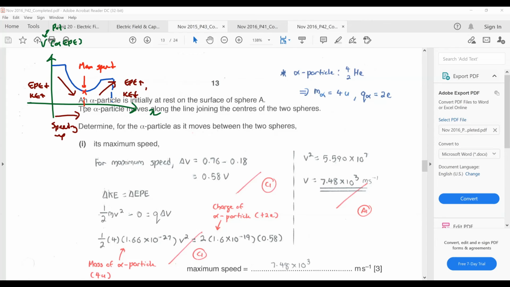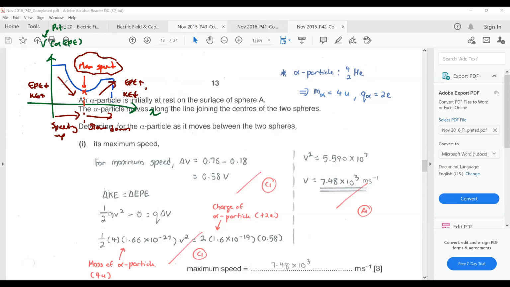But from here to here, after this point, my KE starts to drop. Here, I start to slow down. So this must be the point where I have maximum speed, because here is where I stop speeding up. I start to slow down already.